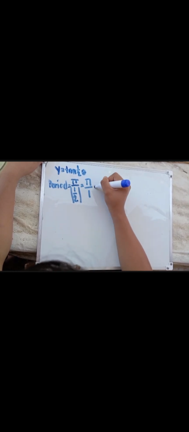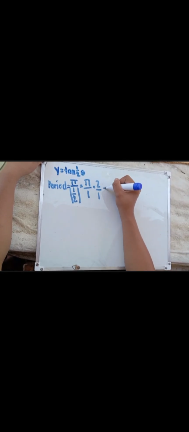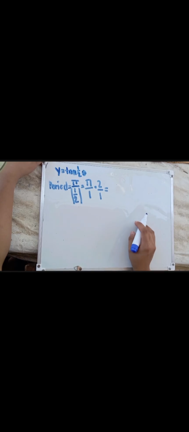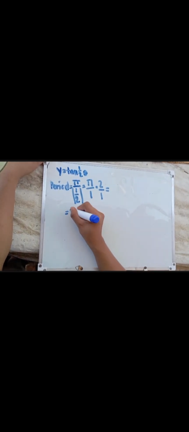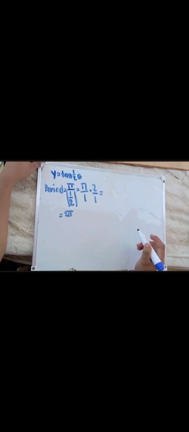The period is pi over the absolute value of 1/2, which equals pi over 1 times 2 over 1, which equals 2 pi. So let's do the graphing of tangent.